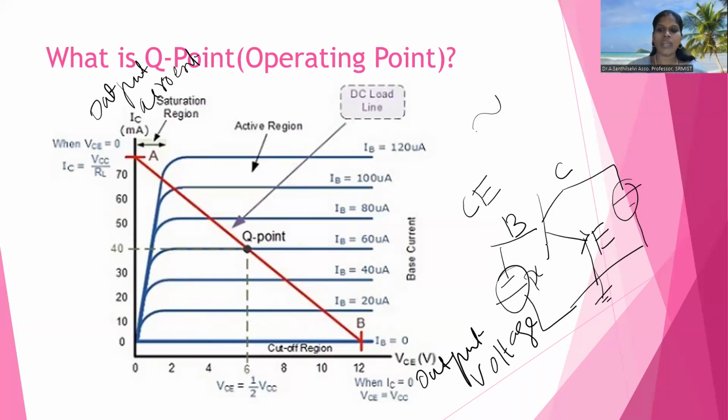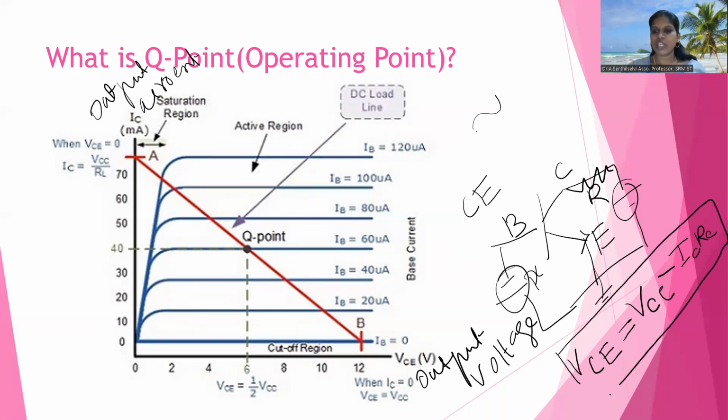The general equation for the transistor is VCE equal to VCC, that is the bias voltage, minus ICRC, the voltage drop across the resistor. VCE equal to VCC minus ICRC.